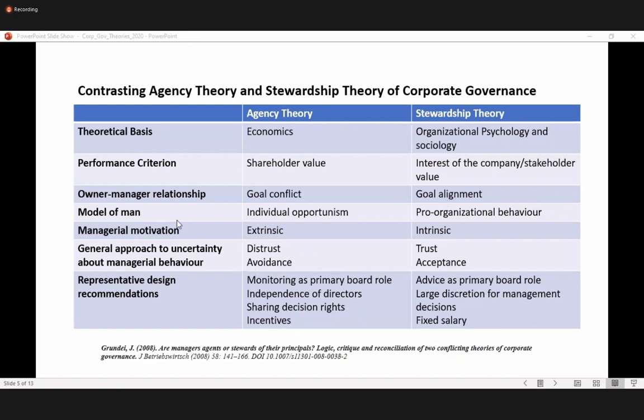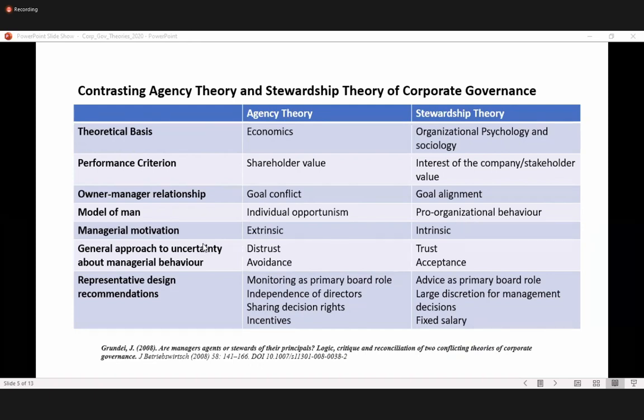And then the model of man as an economic man: the agent is an opportunist. An individual would like to benefit himself, whereas the stewardship theory speaks of the agent being pro-organizational, more on promoting what is good for the organization.